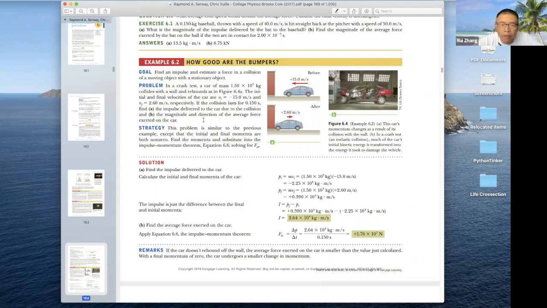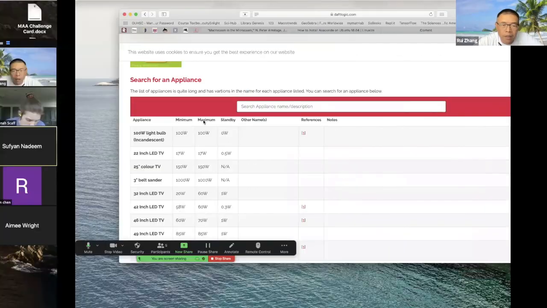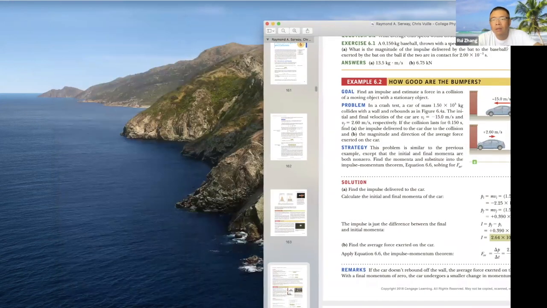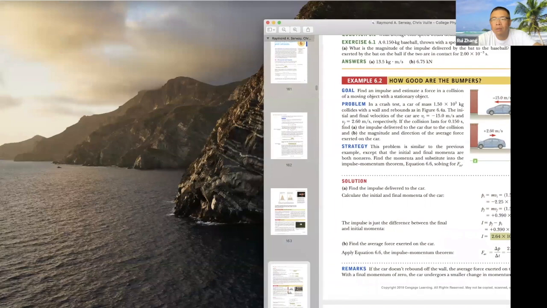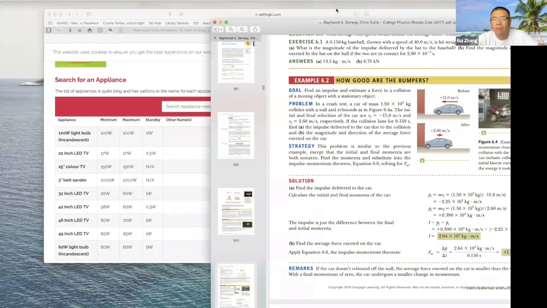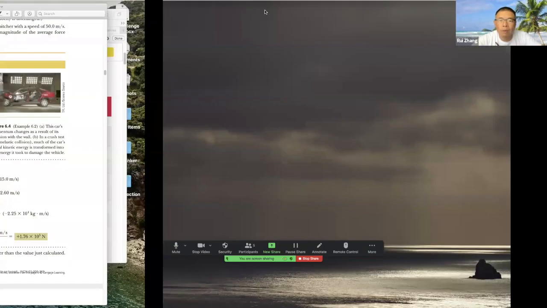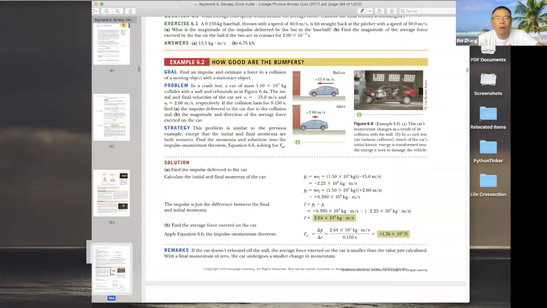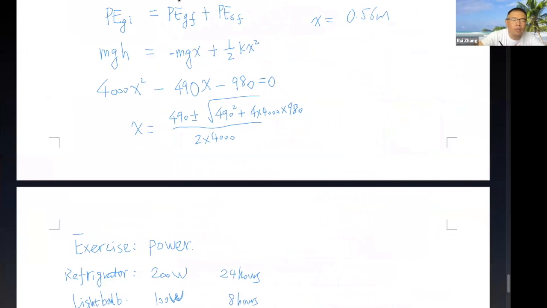So let me write everything here again. My memory now is really short, so let me bring this closer to us. Okay, let me bring right here. Okay, maybe even more closer. Okay, so let me draw this. So this is example 6.2.